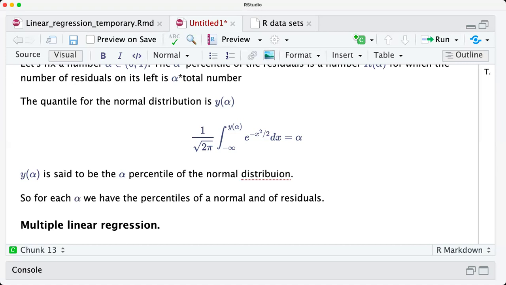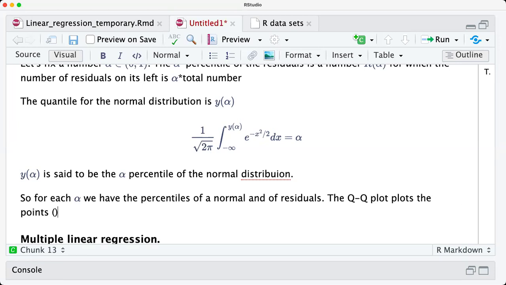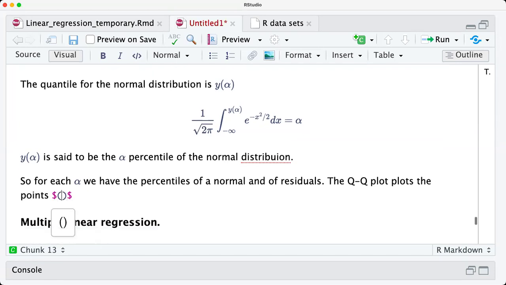So we are plotting in the QQ plot the points which we call R alpha, y alpha.